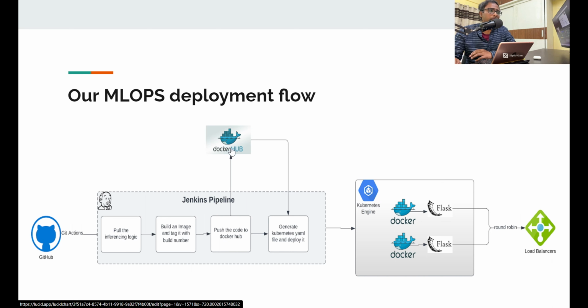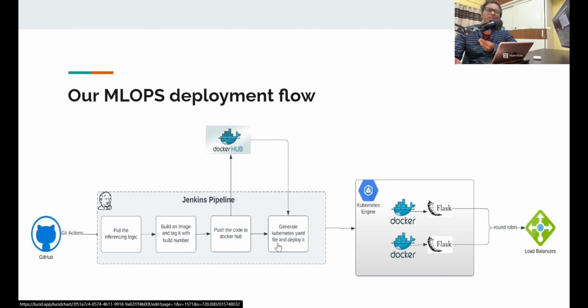Docker Hub is actually a registry and repository for your Docker images. You can say a centralized repository. And there is another piece of Python code. What it does is it will pull that image and automatically generate the Kubernetes YAML file. Here, the data scientists need not worry about writing the Dockerfile, the Kubernetes file, or how deployment happens.